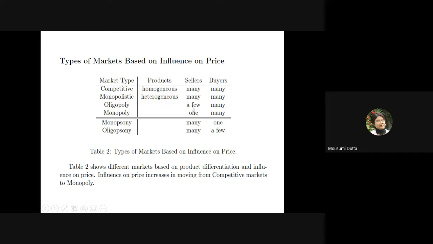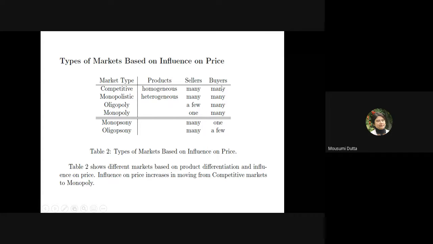Oligopoly is a bit different from monopoly, because here we will have a few groups who will have command over the entire market, like aircraft. We are getting several companies, and all these companies have more or less equal hold or equal share in the market.